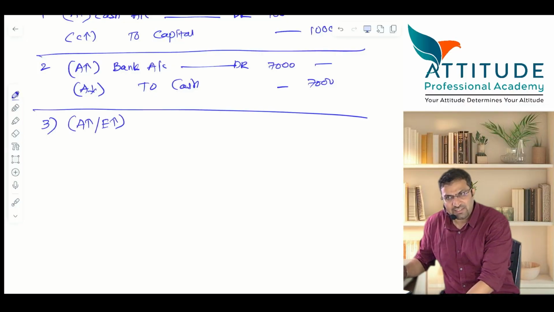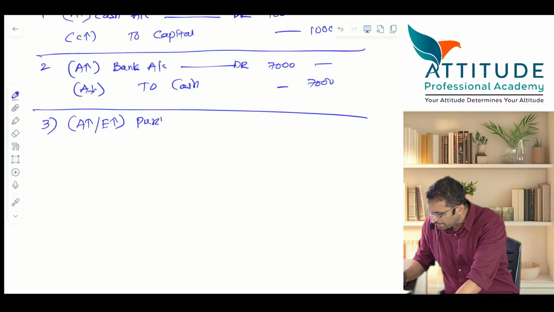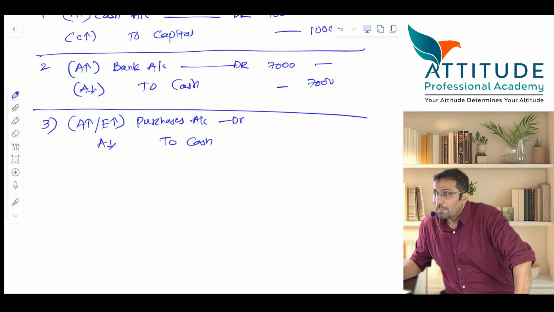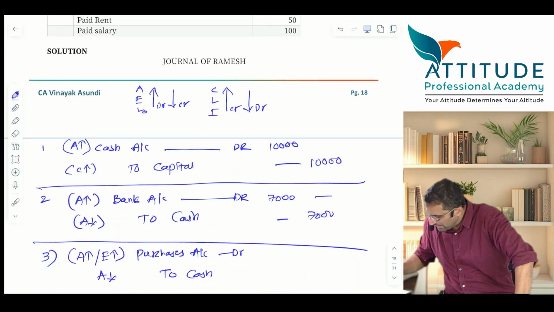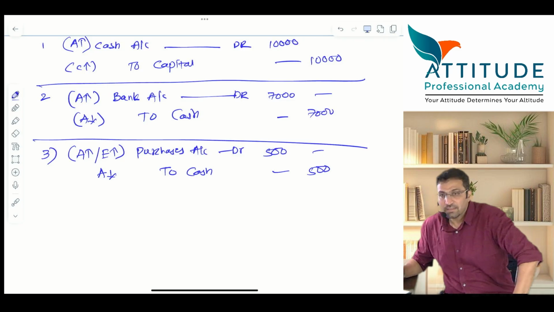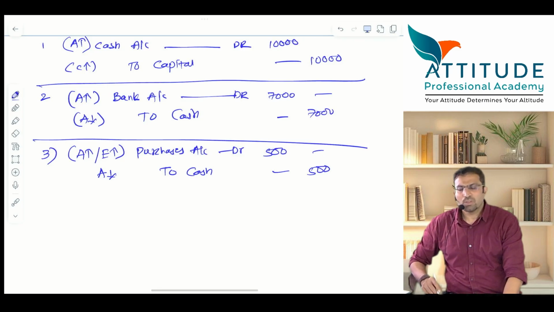Either expense increases or asset increases. Purchases account debit to cash. Asset reduces. Amount? 500. Any difficulty? Okay, next.